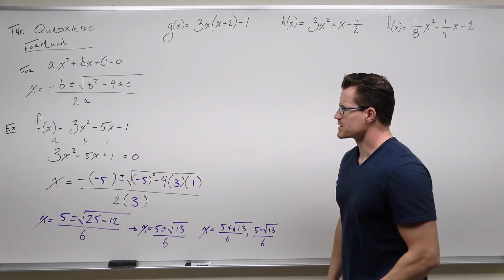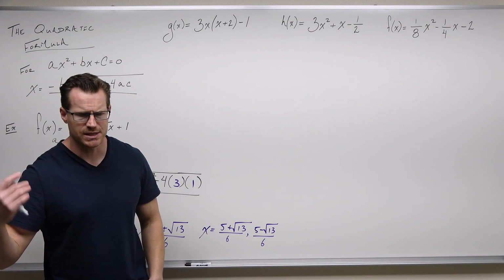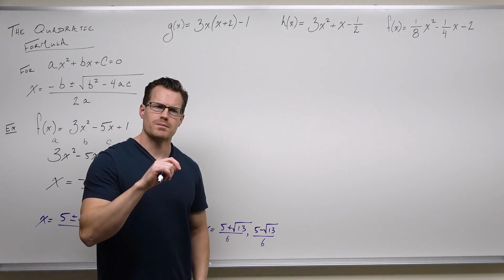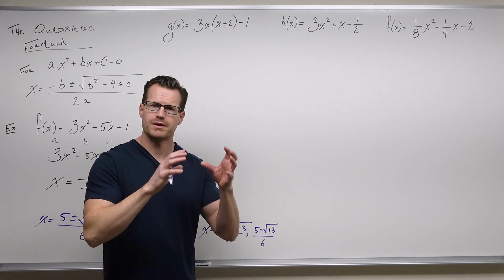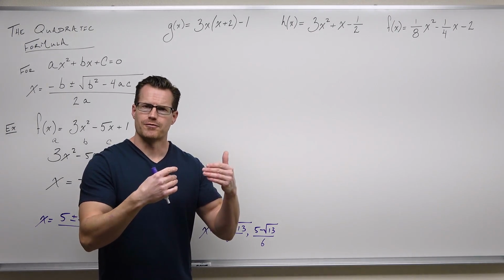Okay, let's try the next ones. With our quadratics, we know that to find x-intercepts, we set this equal to 0. But at the same time, we also want to make sure that this fits our model. Our model says we want things in order, with a first term positive.